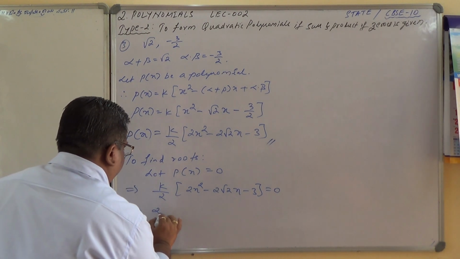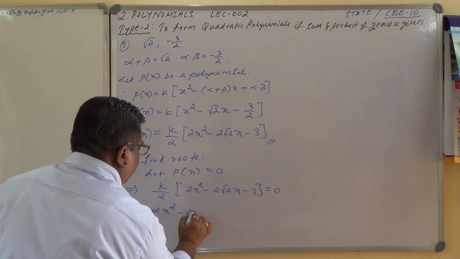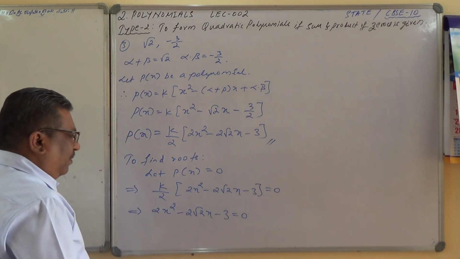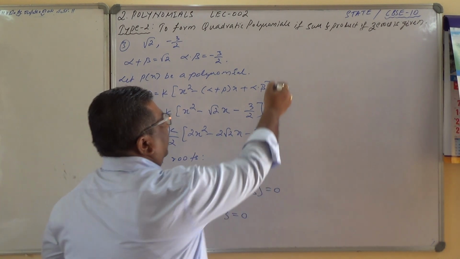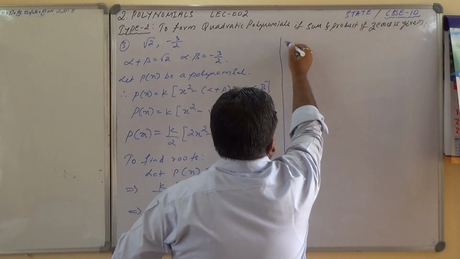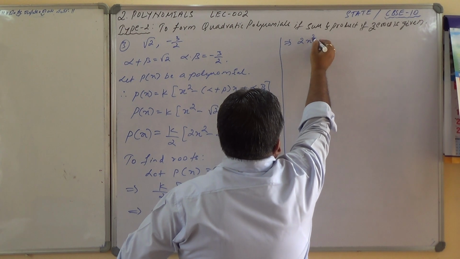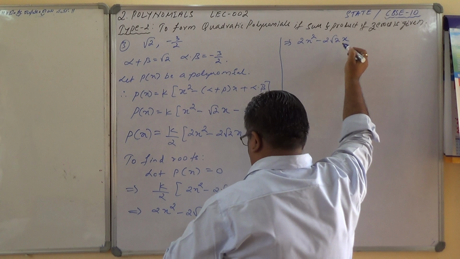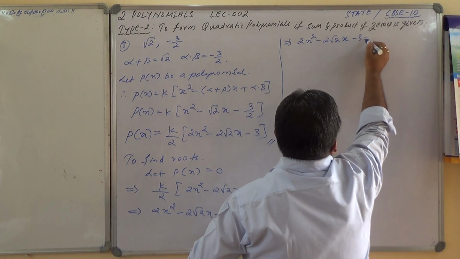Therefore implies 2x square minus 2 root 2x minus 3 equals 0. So let us have, I'll write here this equation itself. I'll write here 2x square minus 2 root 2x minus 3 equals 0.